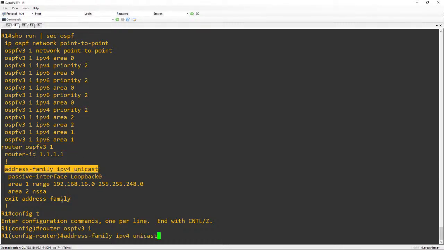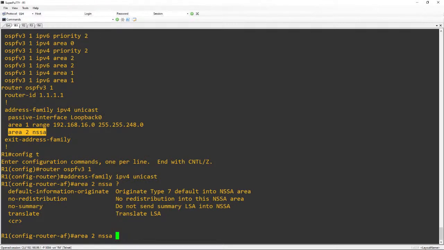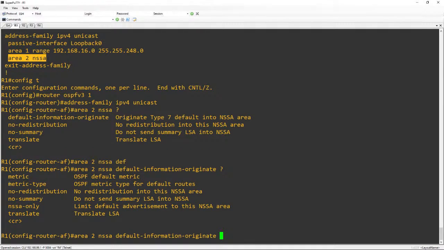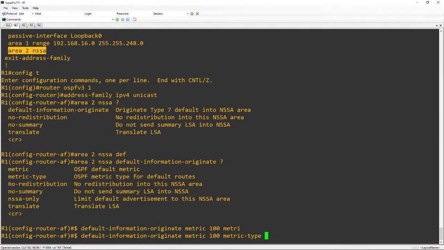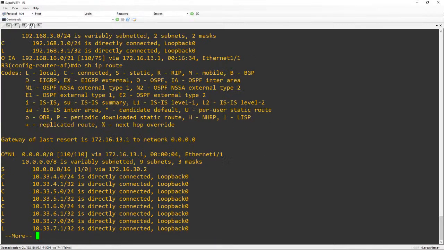Address family unicast and area 2 NSSA default-information originate. And we can put in the metric type if you want. So normally a default route would come in as an E2. I could say metric 100, metric type 1. And then if I go to router 3, I'll see that it's now getting an ON1 route. It's an N because it's a not so stubby area, so it's coming in as a type 7. But this is kind of the exception to the rule.